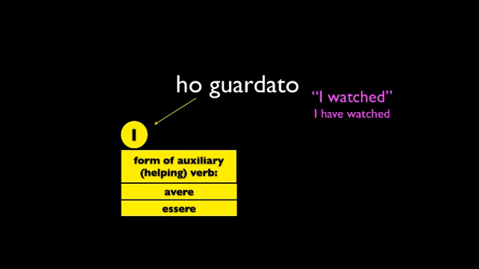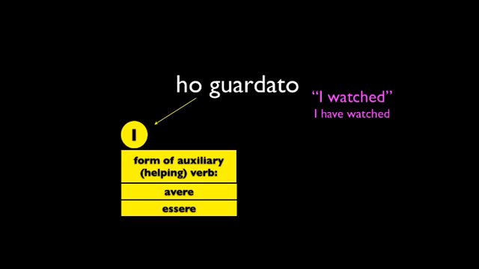So first off, this is an example of the past tense, ho guardato, and you'll see here it means I watched or I have watched, and there's a couple parts here. You may recognize the o from the verb avere. In the Italian past tense, you need two things.